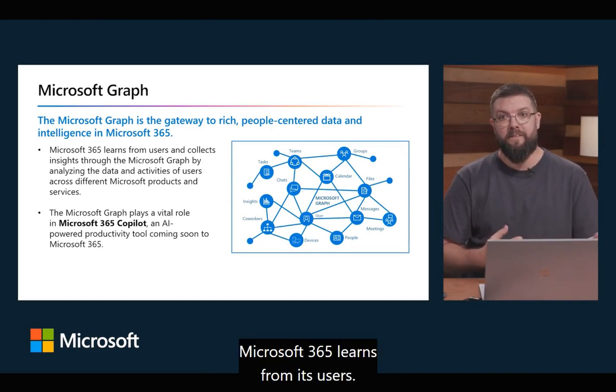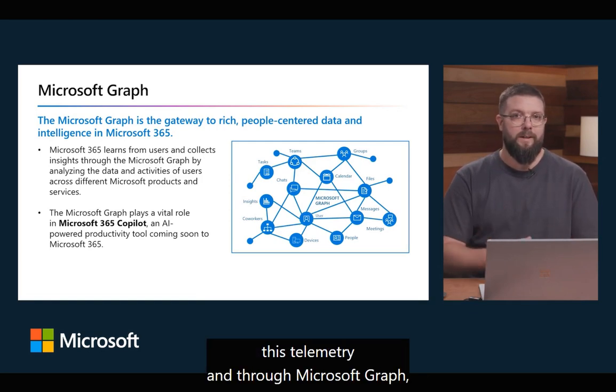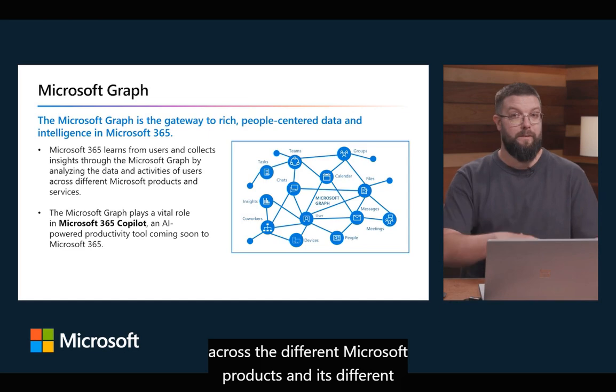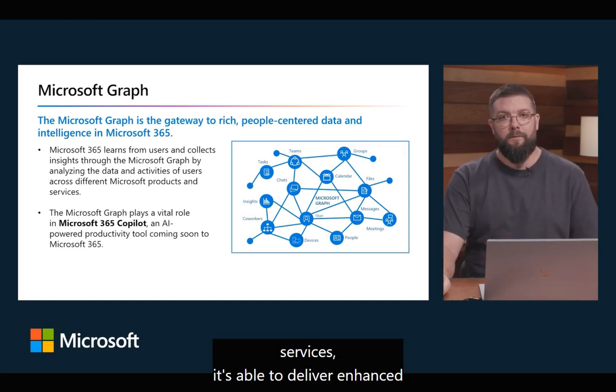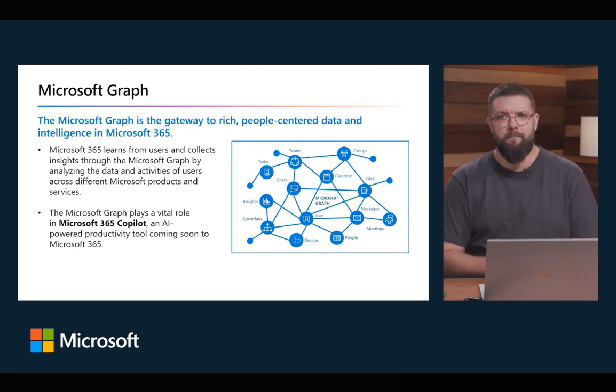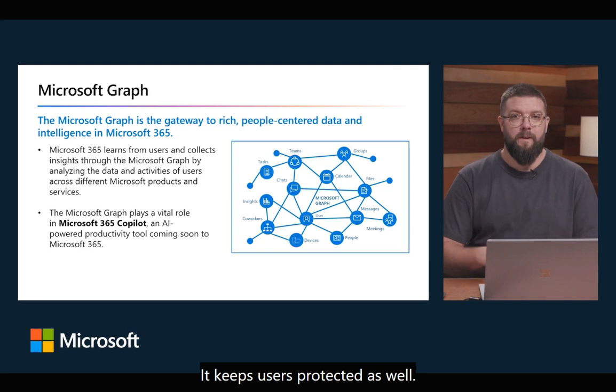So Microsoft 365 learns from its users. It's collecting these insights, this telemetry, through Microsoft Graph, and by analyzing that data and its activities across users, across the different Microsoft products and its different services, it's able to deliver enhanced experiences that are constantly getting better over time. So it keeps users protected as well.